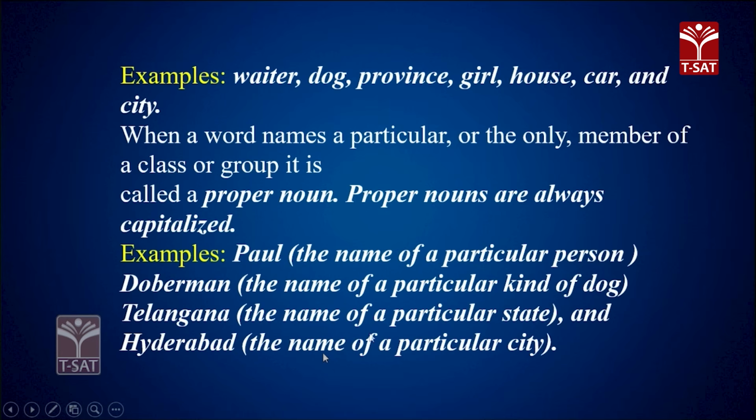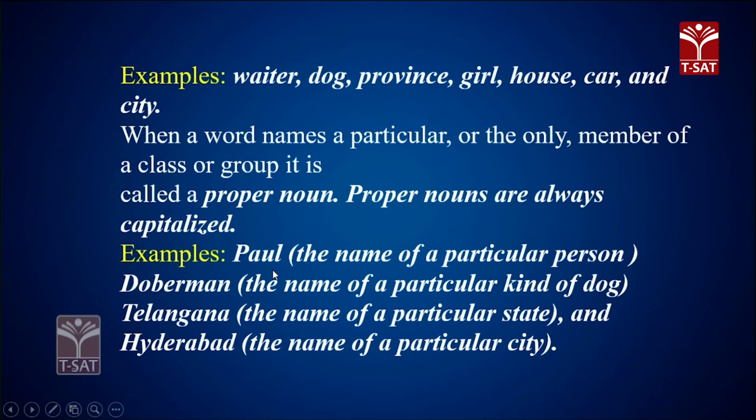When a word names a particular or the only member of a class or group, it is called a proper noun, right? And one more thing, proper nouns are always capitalized.